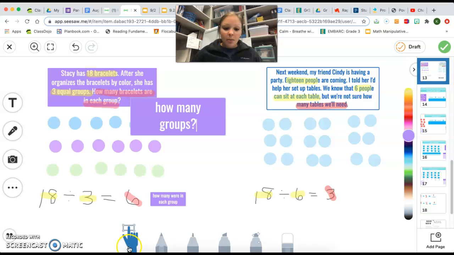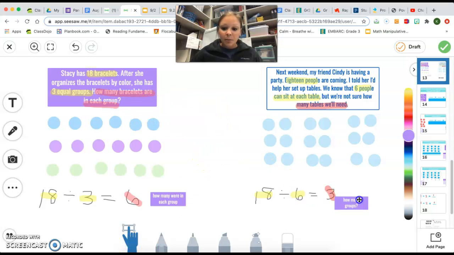So although the numbers were the same in each of these problems, they were different because we were solving for different things. In this one we were solving for how many were in each group, and for this one we were solving for how many groups. So that's how they were different. We can see that the 6s and the 3s are flipped because we were solving for 2 different things. That's why it's important to label our work and decide what we are solving for.